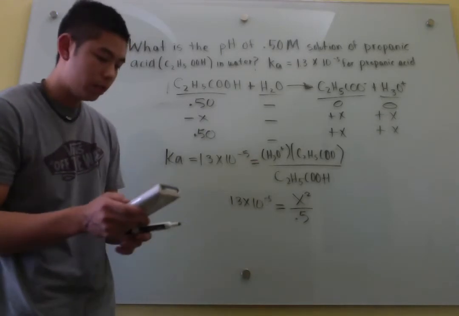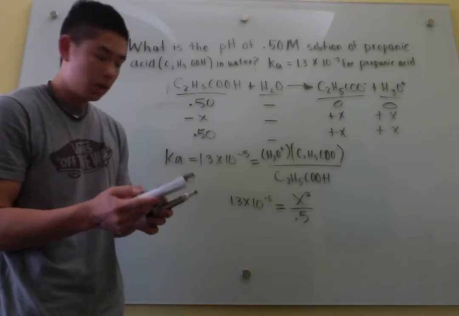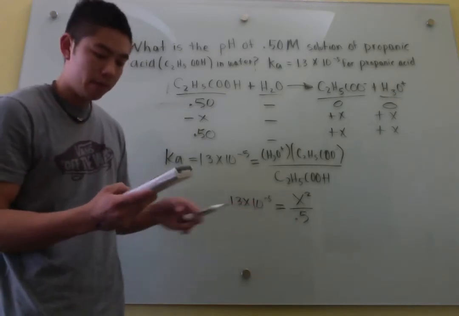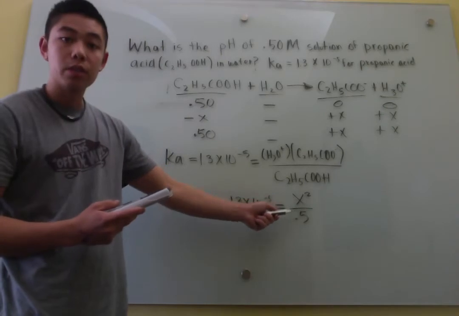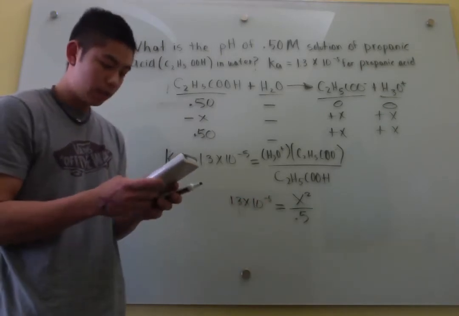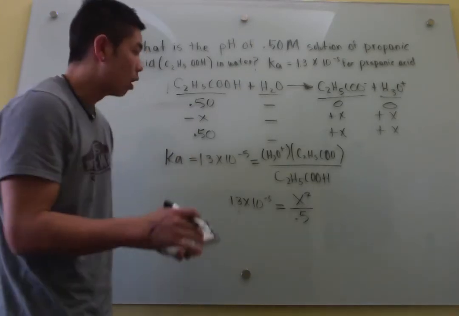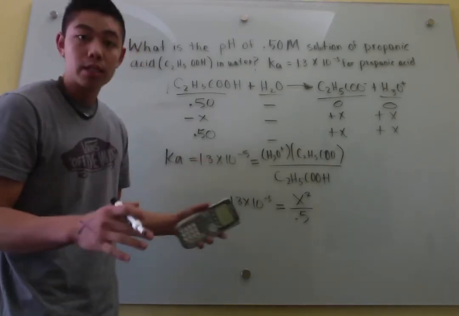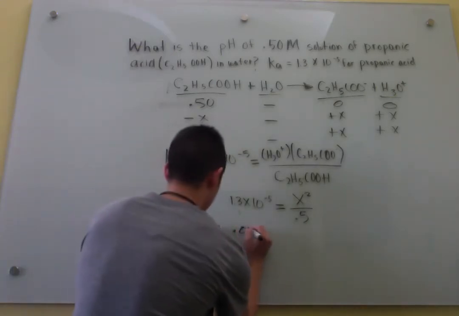So we take 1.3 times 10 to the negative fifth, multiply it by 0.5, and then all we have to do is take the square root of this number to get x. So we take the square root, and that's going to give us our H3O plus concentration, which is equal to 0.002549.